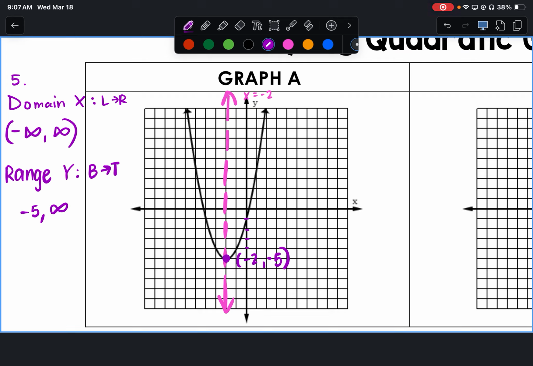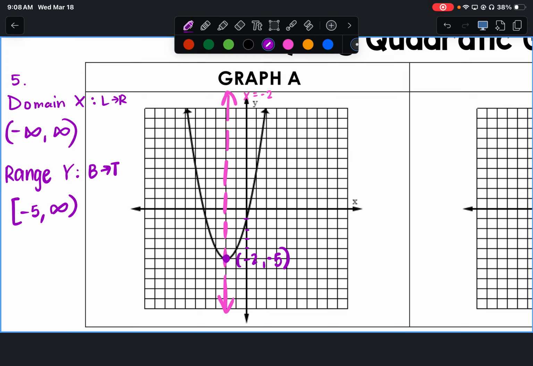Infinity. So infinities get parentheses, okay? But the only other thing that gets a parentheses is an open circle. But this right here is a point, so we would put a what? Bracket. So we go bracket, then parentheses there. Okay, so that's what you should have for number 5. Your domain is -infinity to positive infinity, and your range includes -5, and it goes to infinity.